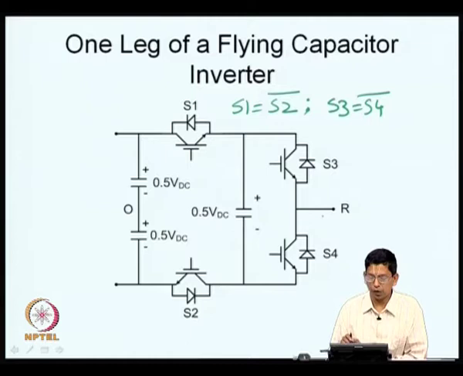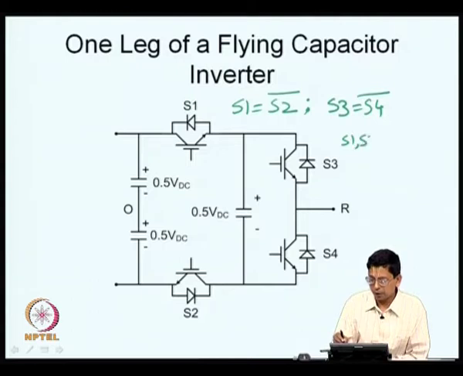VRO can be equal to plus 0.5 VDC. If S1 and S3 are on, then your VRO will be equal to plus VDC by 2. If your S2 and S4 are on, then your VRO will be equal to minus VDC by 2.